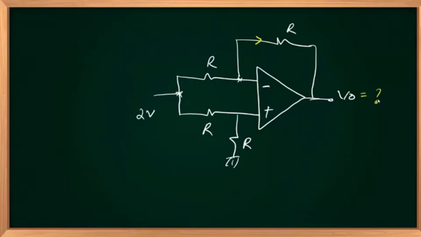Negative feedback, V plus equal to V minus. Identify V plus, equate with V minus, then identify V out. That's it. Right, Sajid says very good. What about others? Abhishek gave 0, Ismail gave 0, very good. What about others?